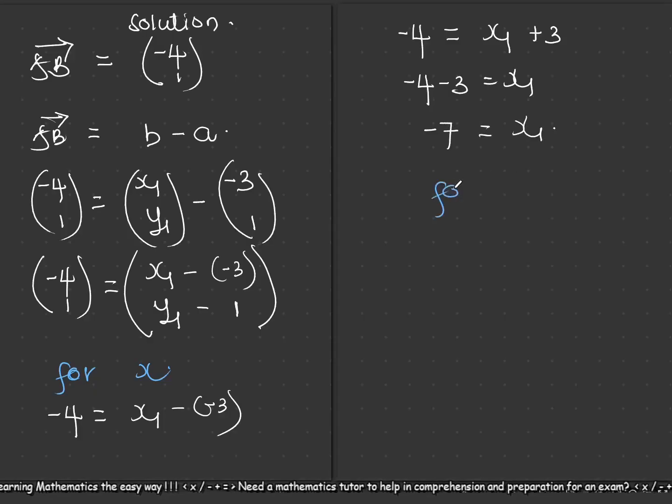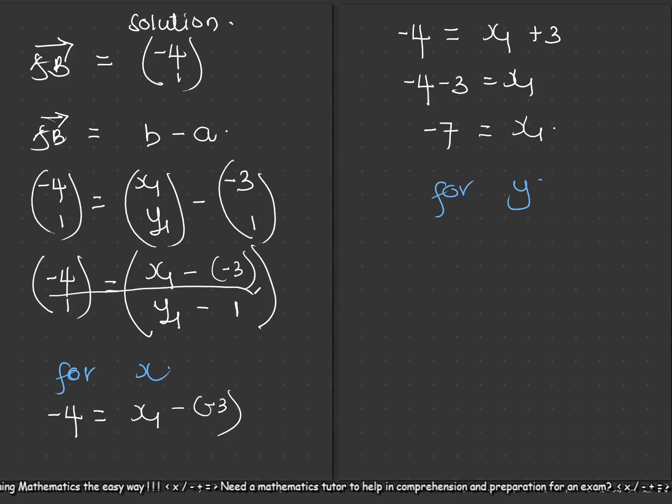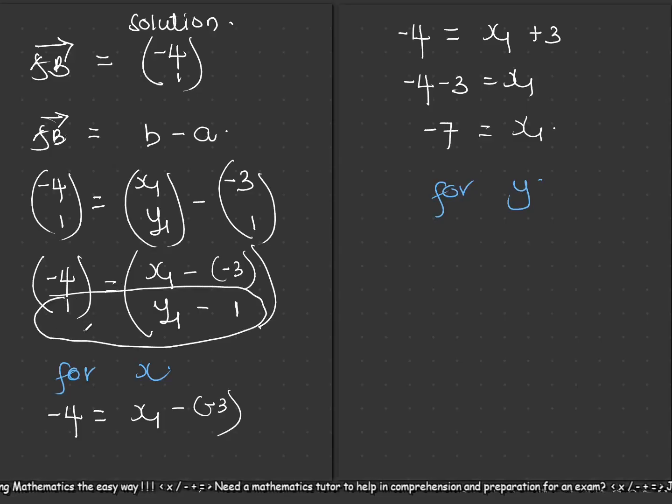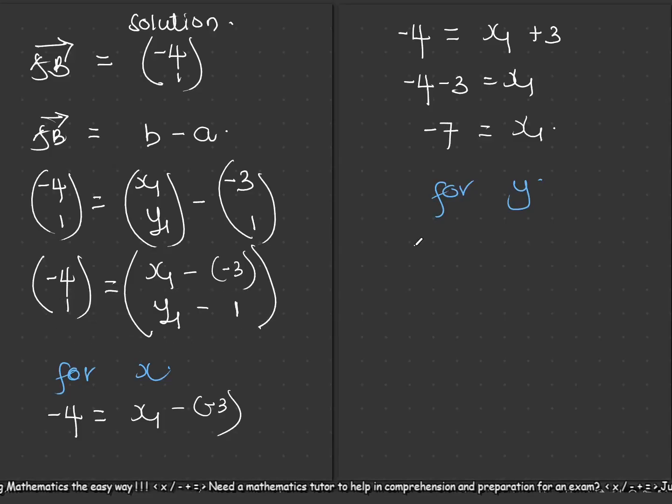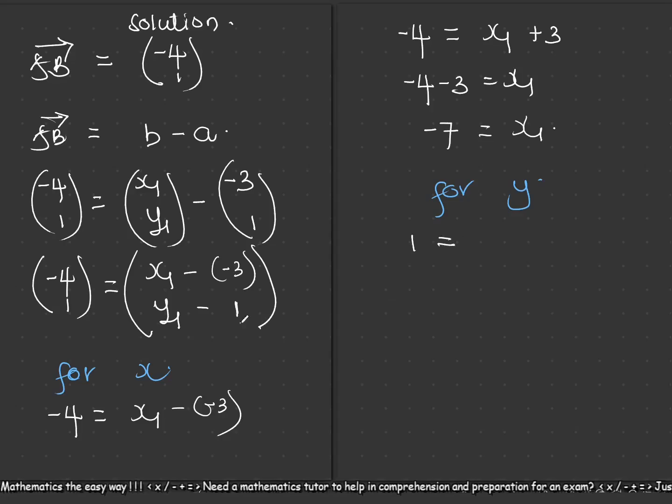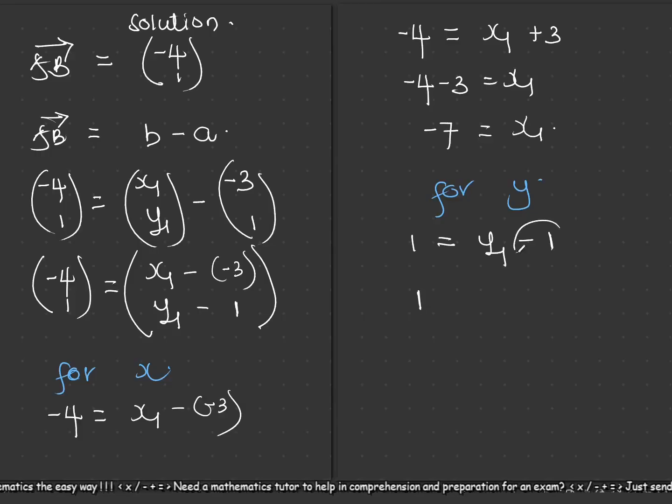Hence, we go for our y component. For our y component, we evaluate 1 is equal to y1 minus 1. Trying to make y1 the subject, we have 1, and this negative 1 moves to the other side to become a positive 1.